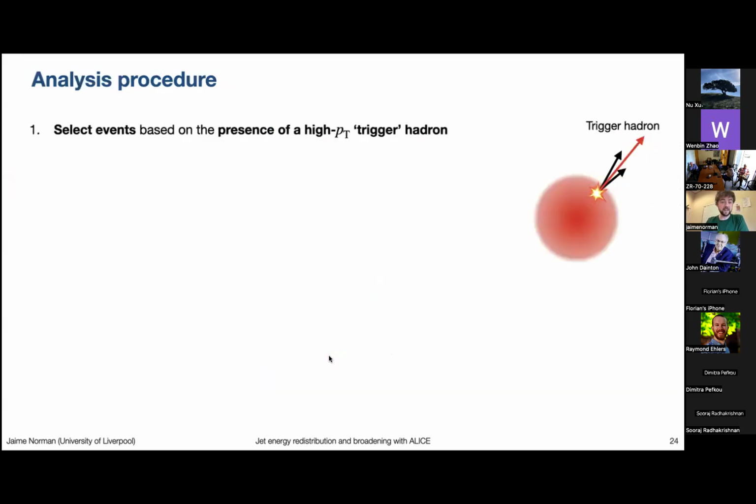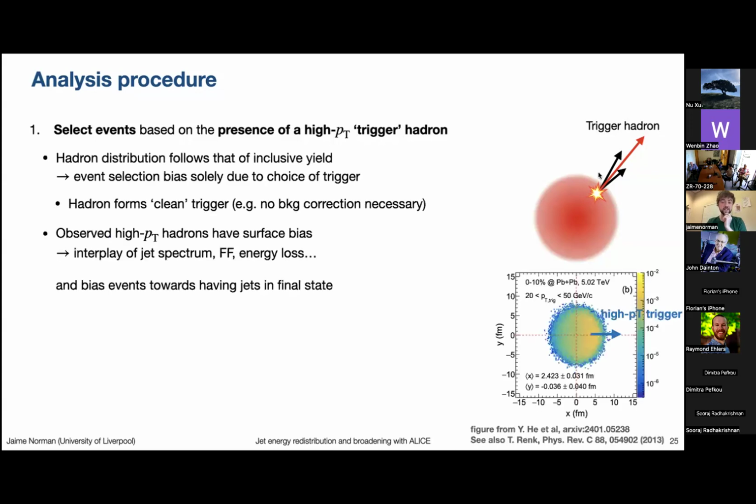And so the analysis technique, the procedure, I'd like to go into a bit of detail here. We're measuring hadron jet correlation. We first select events based on the presence of a high pT trigger hadron, so we select events based on this hard process.